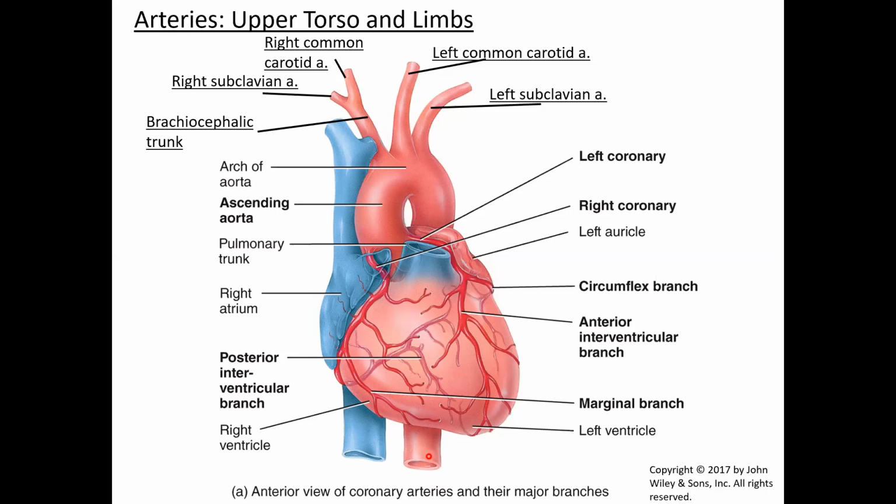The problem with both of those names is the ascending aorta and the arch of the aorta, those are also in the thorax. So when you say thoracic aorta, that's not really detailed enough. Descending aorta is a little closer, but as you'll see a little later in this video, when we cross the diaphragm, the aorta is still going down, so it's still descending, but then it's in the abdomen.